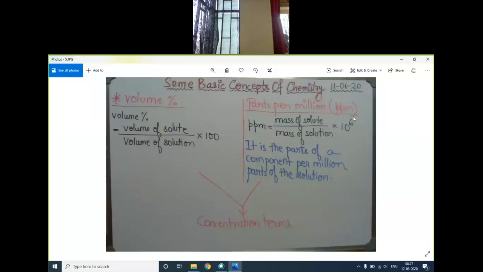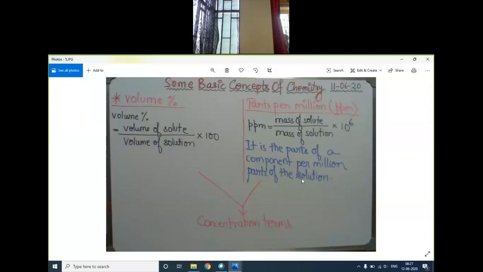Now let us define parts per million. What is meant by this? It is the part of a component. We know a solution is having many components. It may be 2 or more than 2. So it is the part of a component, if it is a part of a single component per million parts of the solution.